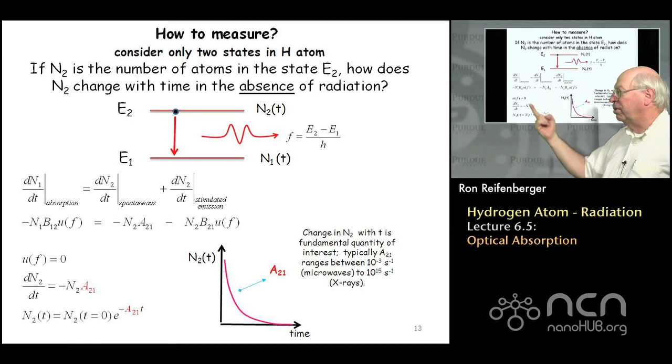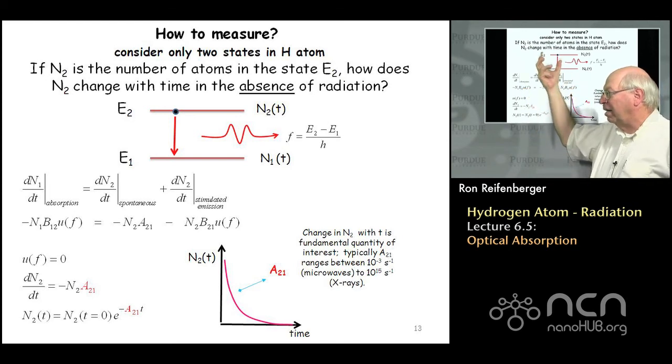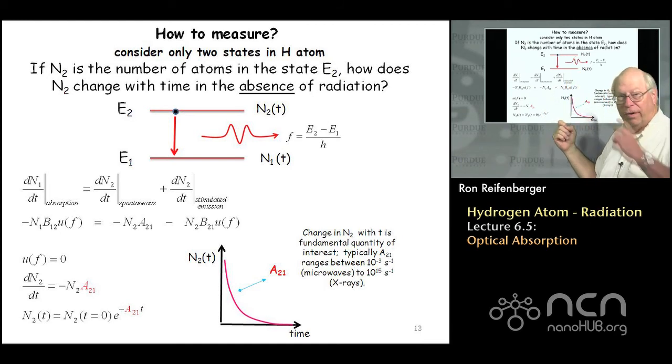I worked through the arithmetic to show that in the absence of any external radiation, so that means if I let U sub f go to 0, and just watch how these electrons cascade back to the lower energy state, what I can do experimentally is measure an exponential decrease in the number of electrons in the upper energy level N2, and the rate at which the electrons decrease is precisely related to this coefficient A sub 2,1 that Einstein defined.